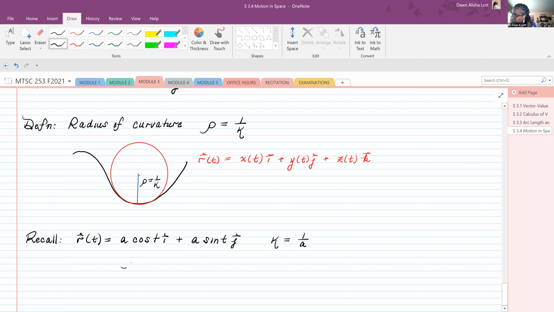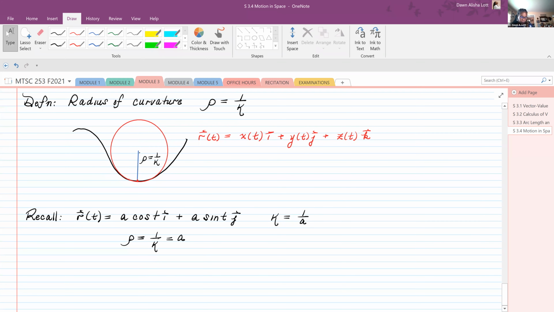Well, its radius of curvature would be 1 over kappa, which would be a, and a is the radius of the circle. So that works out beautifully.